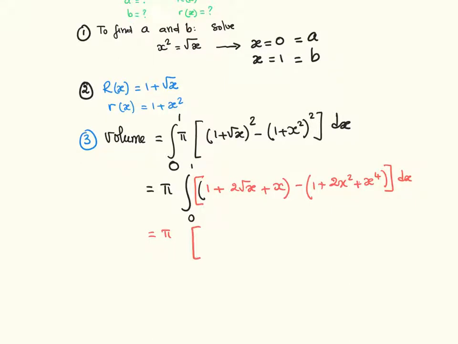If we carry out the integration, of course the 1 and the 1 will cancel. 2 square root of x, integrate this, square root of x is x to the power of half, so integrate that.